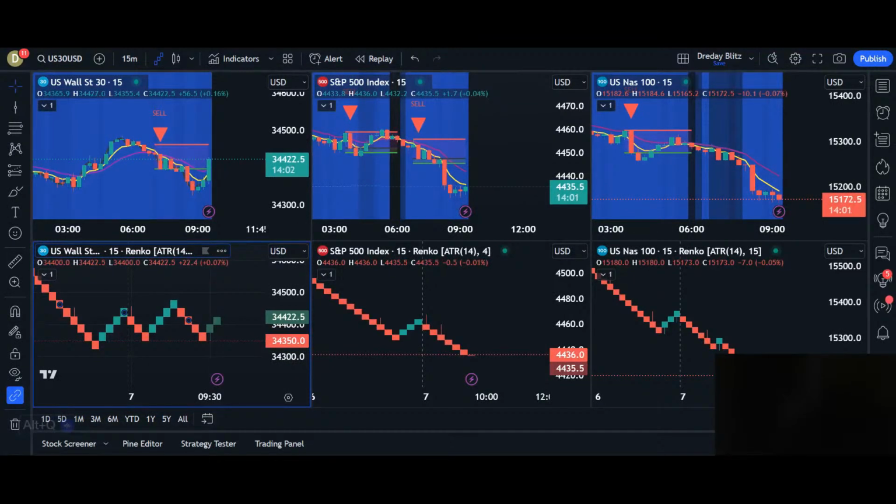You have up to 3 EMAs that you could add to this indicator. Currently, I'm using two of them, based off of the EMA, and the third one should be a trend EMA. But on my end, I only use two.